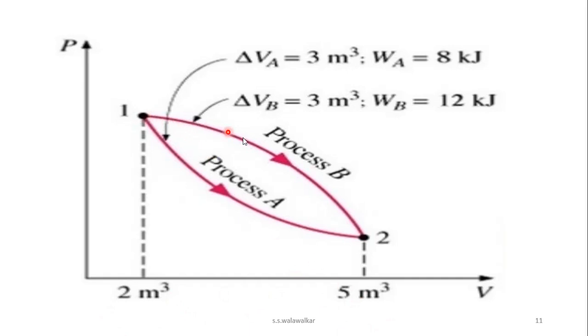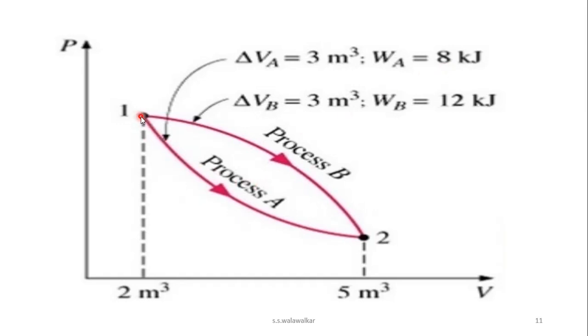Now here there are two ways to attain this state B, that is final state. When the system reaches the second state by path A, then delta V is equal to 3 meter cube. But work done when this path is followed is equal to 8 kilojoules.